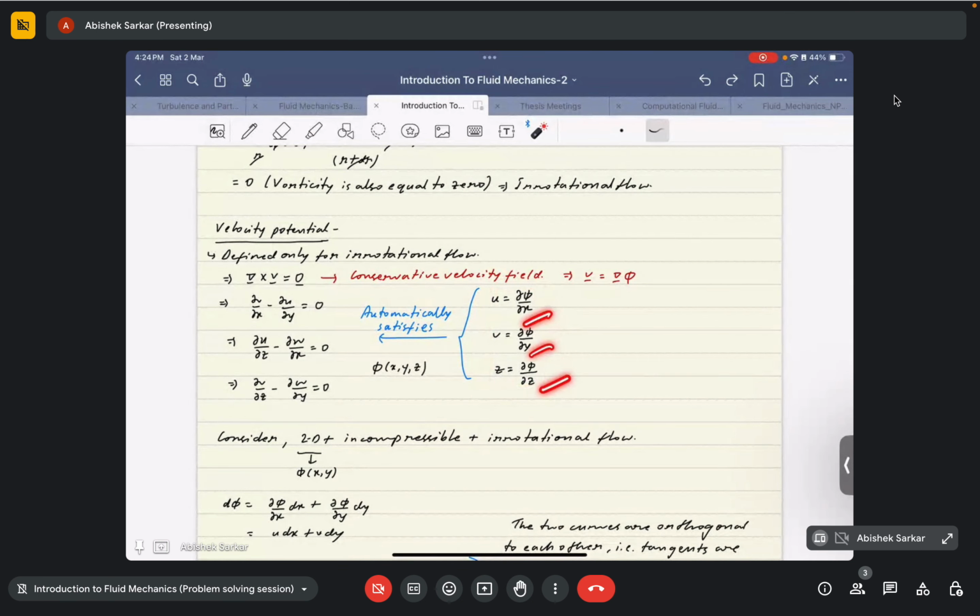Okay, so sometimes students may think that the definitions of stream function and velocity potential are just randomly made or randomly phrased by mathematicians. Actually it's not. It's very inherent to the basic considerations that we make while defining the velocity potential or stream function itself. Like for stream functions, we say that a flow has to satisfy continuity and has to be 2D incompressible.